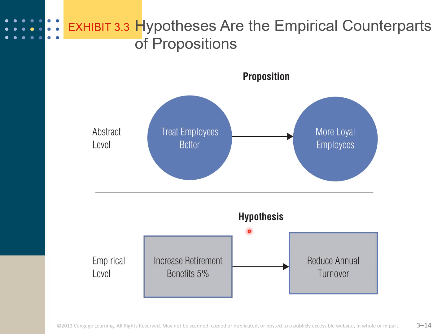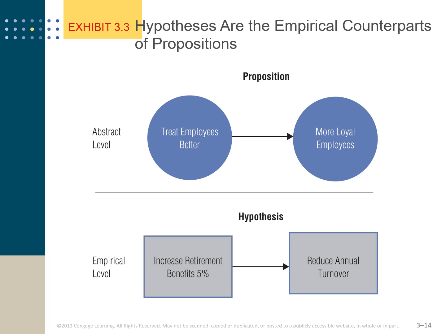For example, a proposition might say, employees who feel valued tend to stay longer in the company. The corresponding hypothesis could be, employees who receive regular recognition will have a 20% lower turnover rate compared to those who do not. Do you see the difference? The proposition provides the conceptual link between ideas, while the hypothesis gives us a testable statement based on observable variables.